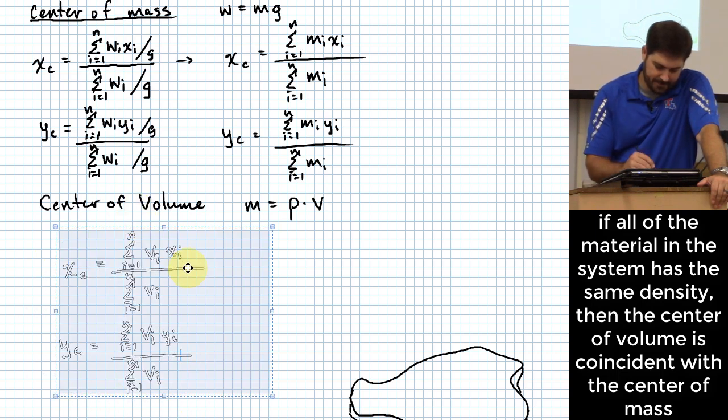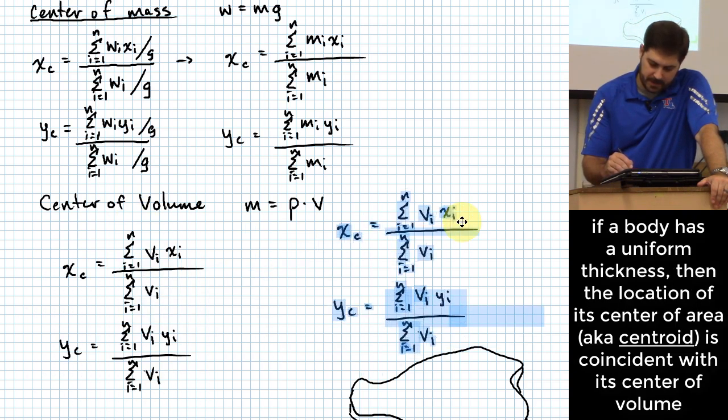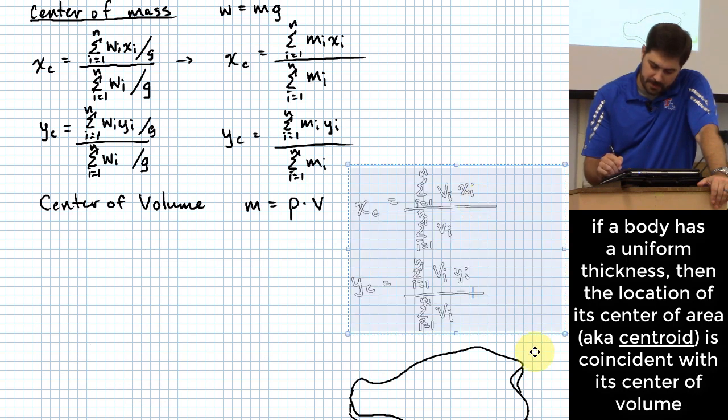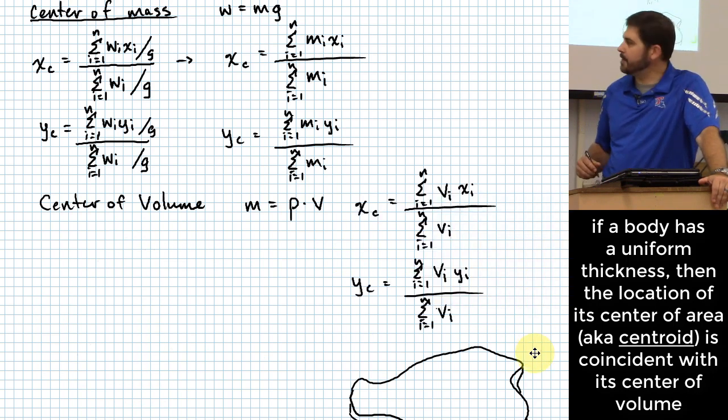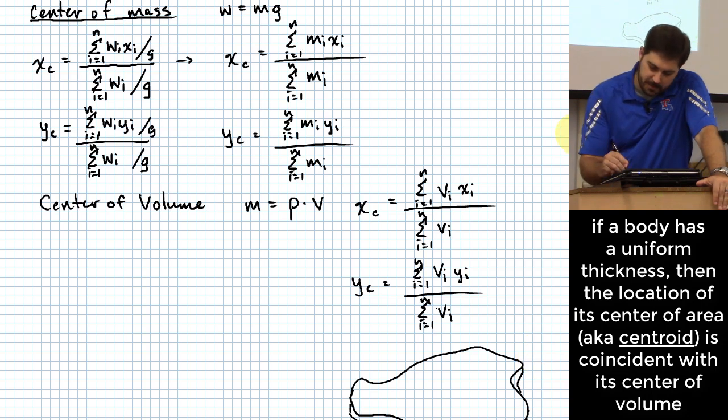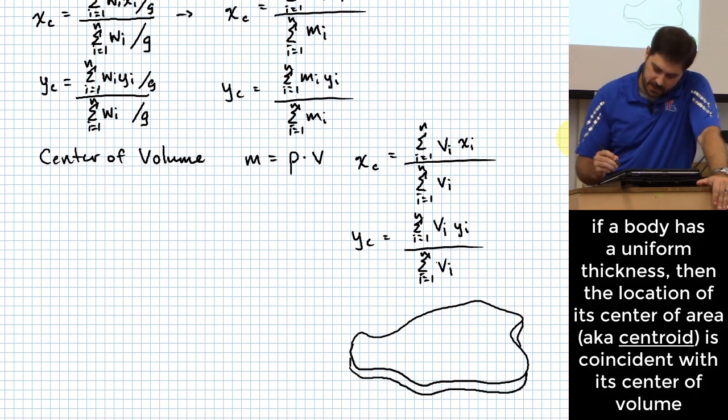All right? Now the next one is actually probably the one that matters the most to us, and maybe is the most difficult one for me to really describe. But imagine that we do this and then we have a piece of material that has a uniform thickness to it.